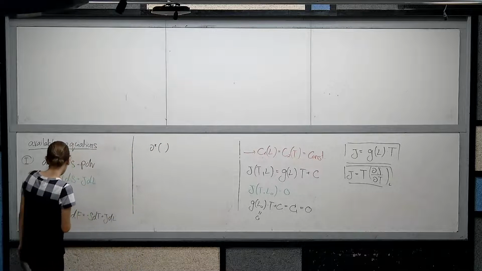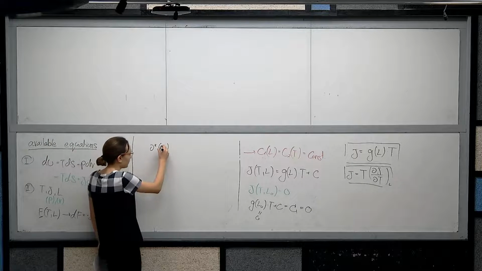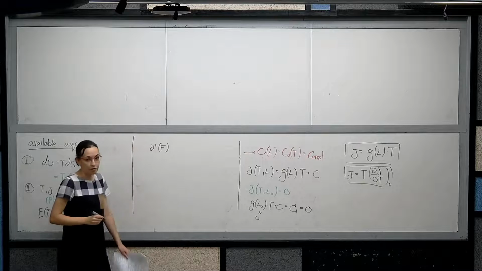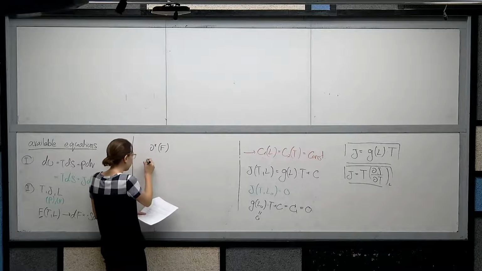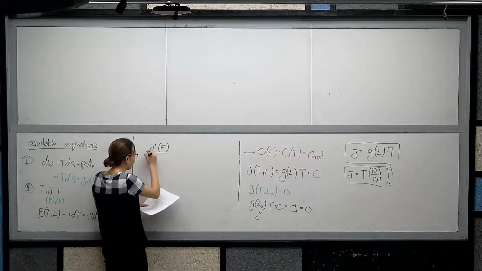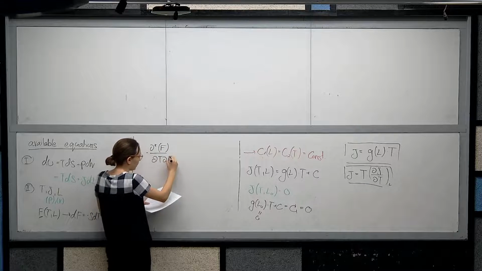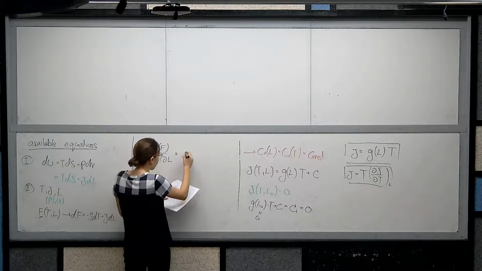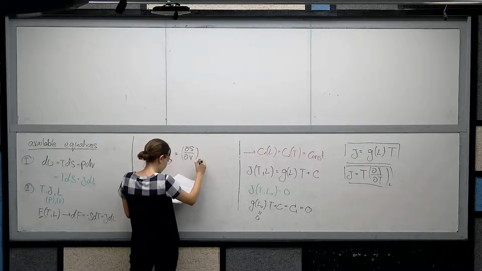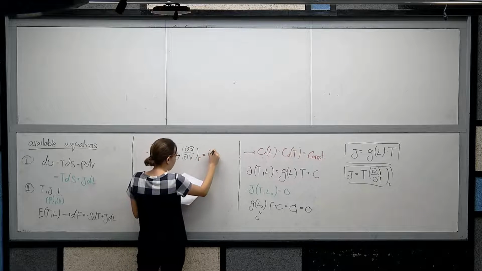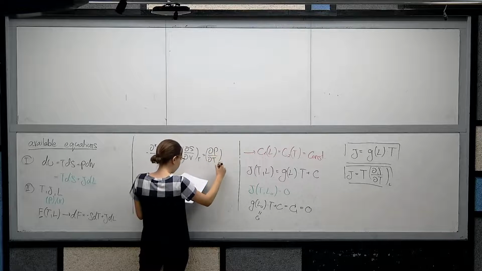So if we picked F here, we take the Maxwell relations with the second derivative of F. So in this case, we have the second derivative of F with respect to T and L equals the partial of S with respect to V at constant T, which equals the partial of P with respect to T.